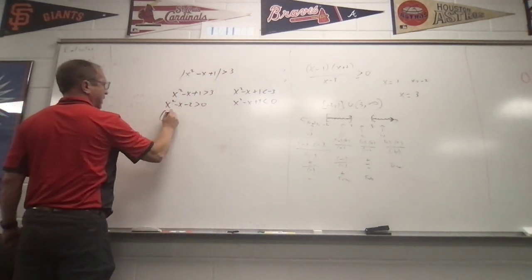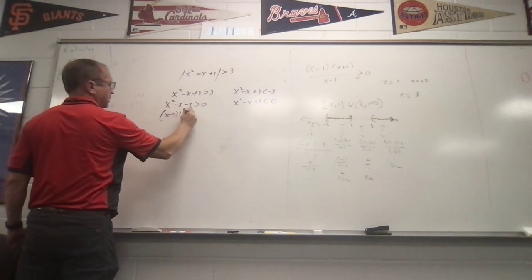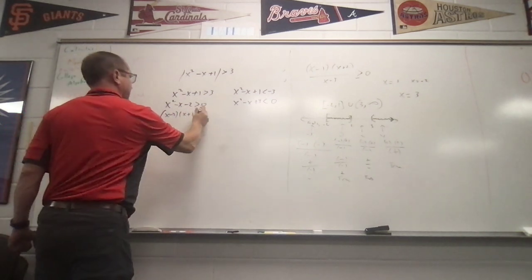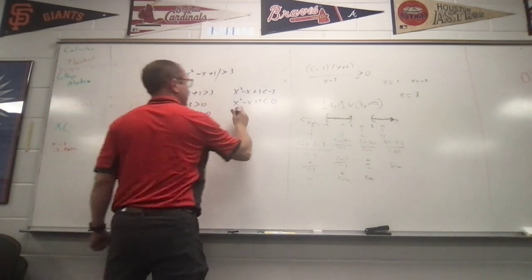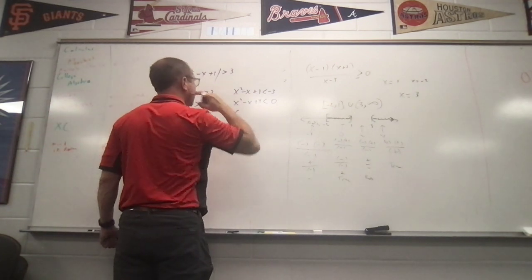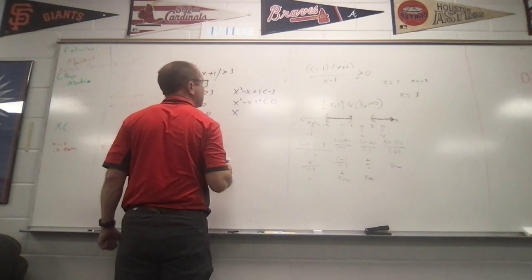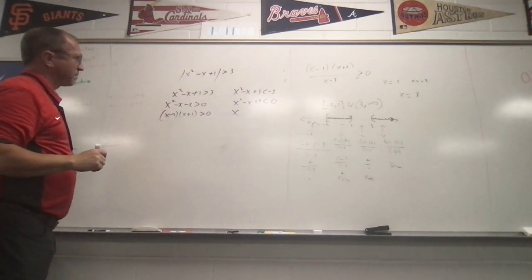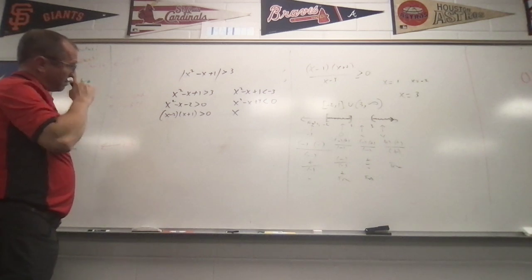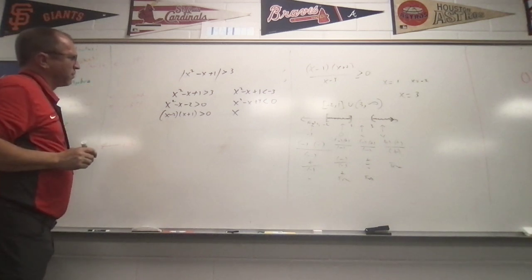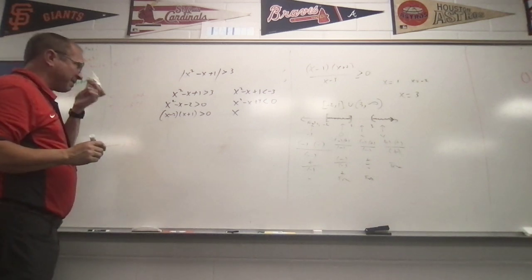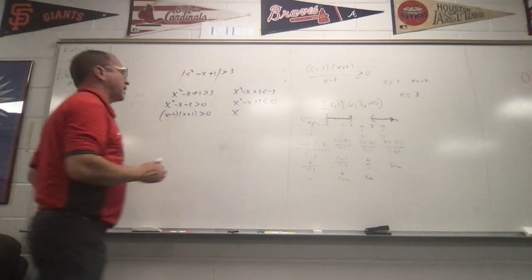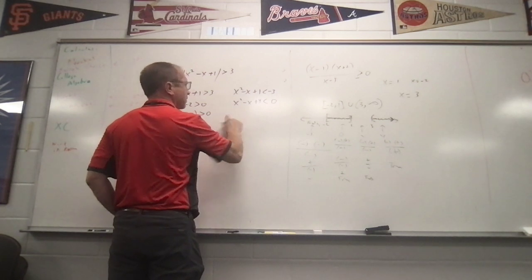So this is x minus 2 times x plus 1. And this is, let's see, it won't factor, will it? So if it won't factor, then let's go with the quadratic formula.